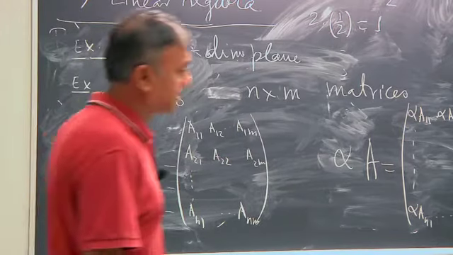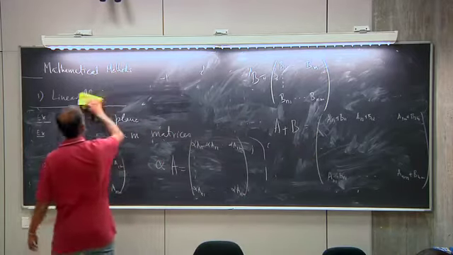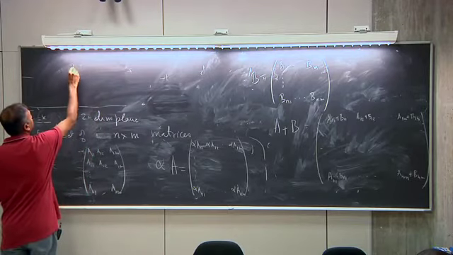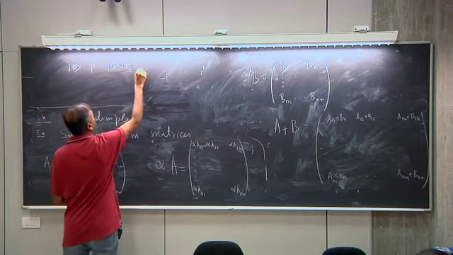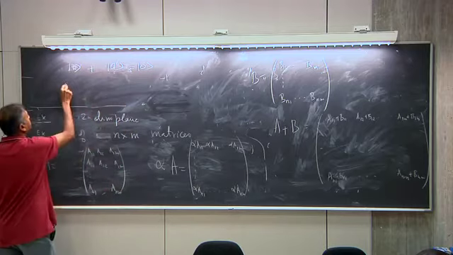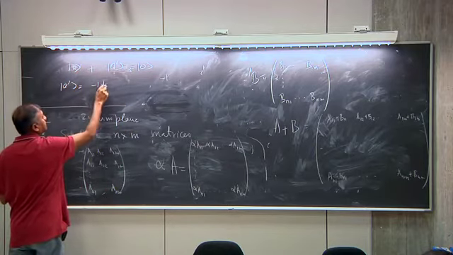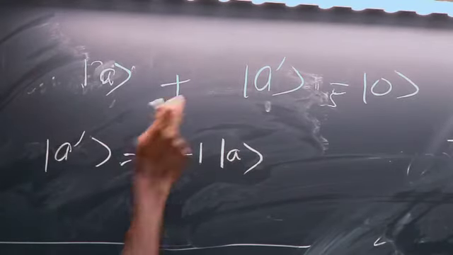Actually that is a general rule, right? In general, even if you look at the original abstract definition, you had vector A, let's say, then what is A prime such that A plus A prime equals 0? Well, it's immediate: A prime is simply minus 1 times A, right? Let's see if this is true.